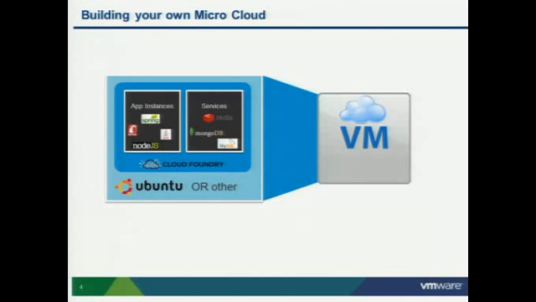So this is what you would likely want to do if you decided to build your own microcloud. You would want to take an Ubuntu image. That's what we have traditionally used for our image stuff. We then have the Cloud Foundry open source code.